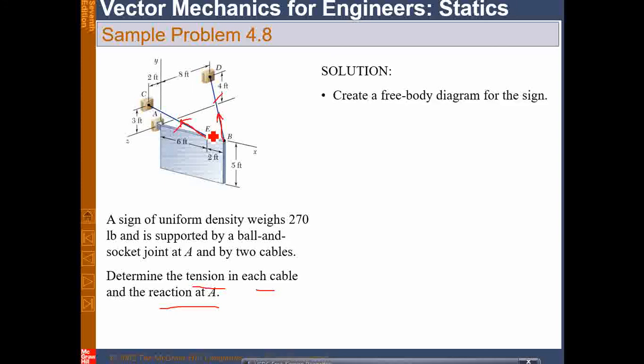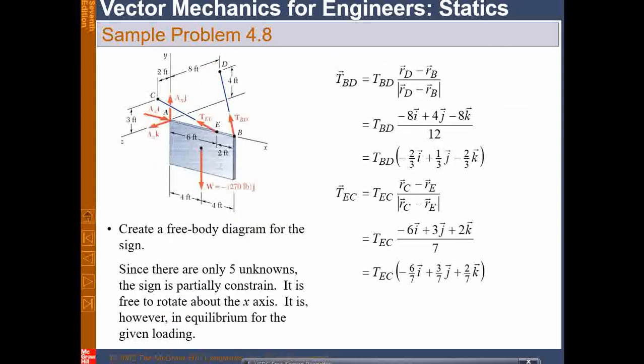So let's see the free body diagram first. This is a typical free body diagram. One is the weight of the plate itself, which is minus 270 in the j direction. I'll write everything in vector form. Minus because this is against the y direction.